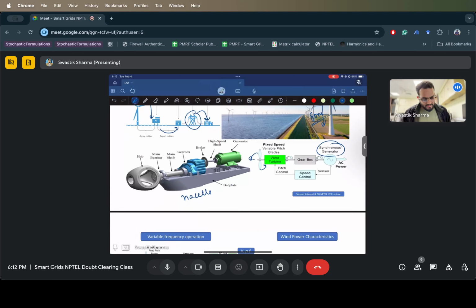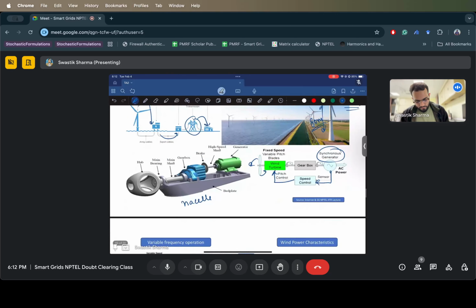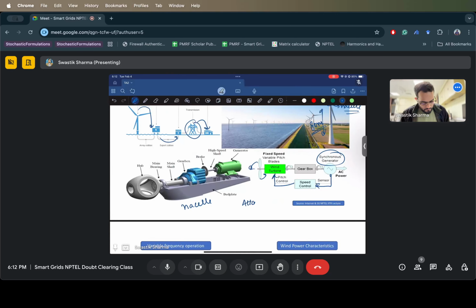So for that, you use a sensor. This sensor sends a signal to the speed control algorithm, which then controls the pitch. Pitch means the attack of wind on the blade. If my picture is visible, let's say this is how your blade looks. You want the wind to fall on it like this, right?